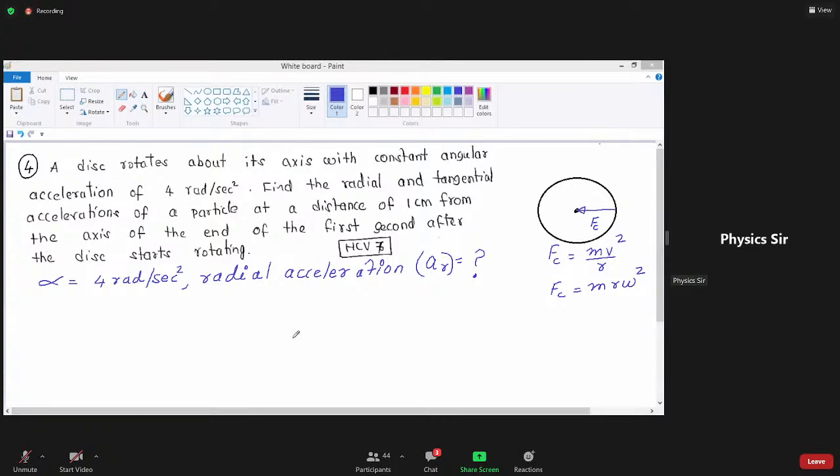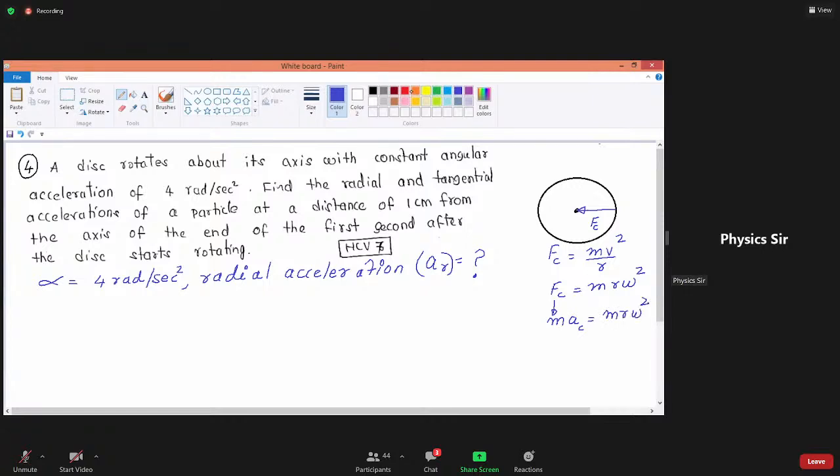We know. So, beta, if a centripetal force is directed towards the center, I know the force is mass into acceleration. तो अगर फोर्स सेंट्रीपिटल है तो एक्सेलरेशन भी सेंट्रीपिटल होगा.